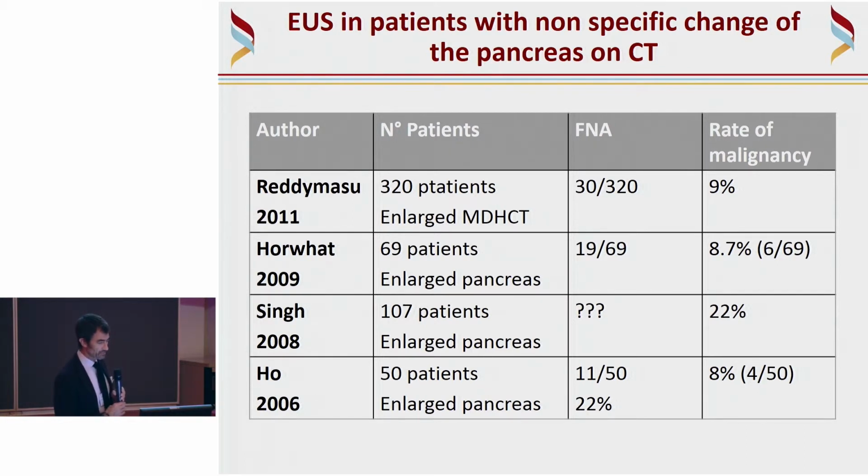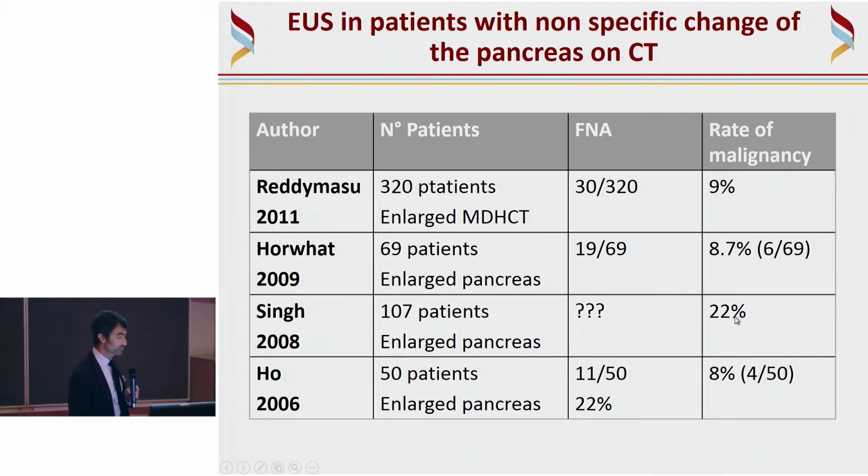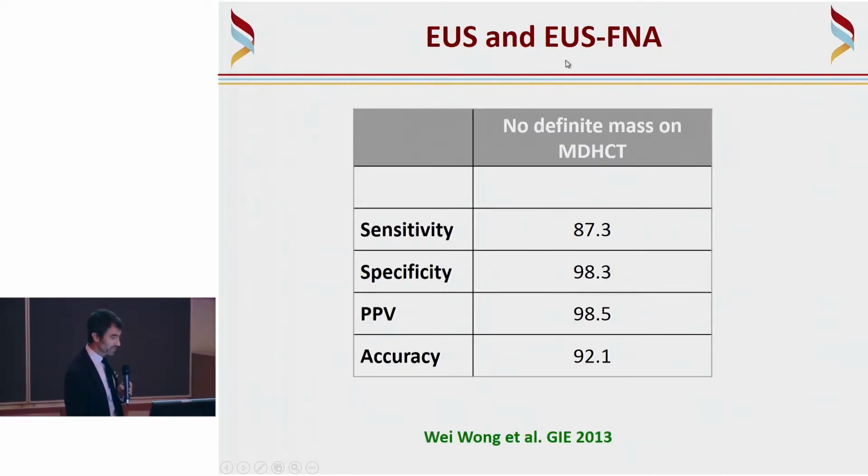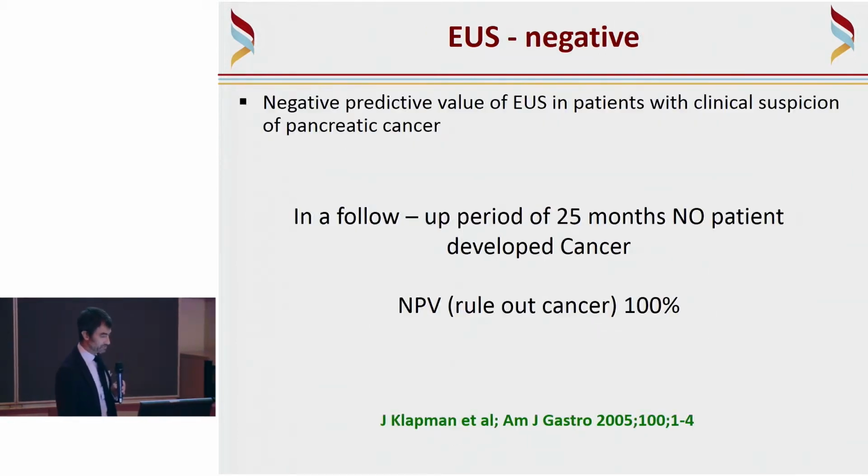Dealing with everyday practice, there are many times when we have a helical CT suggesting a diffuse enlargement of the pancreatic head or something more specific. If we perform EUS in these patients, we can detect malignancy in up to 22%, and particularly if we add FNA to the EUS, we can have a sensitivity of nearly 90% with a specificity around 98%.